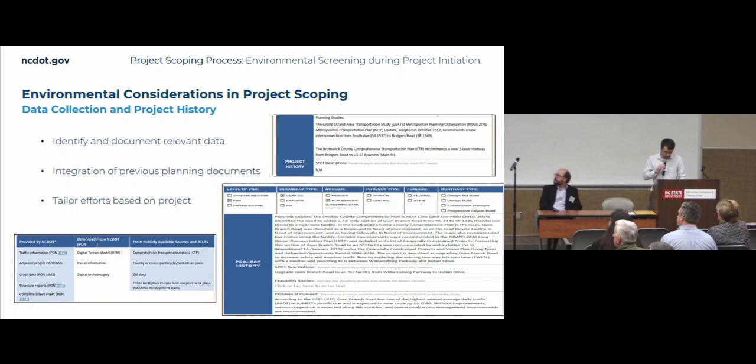We can collect traffic information, crash data, and other applicable information if relevant. And we can begin to compile data of environmental constraints. And so it's in this step that we must learn what information is missing, what level of effort is needed to ensure that the project need is truly driving the project purpose, and what level of effort is needed to verify project constraints within the study area.